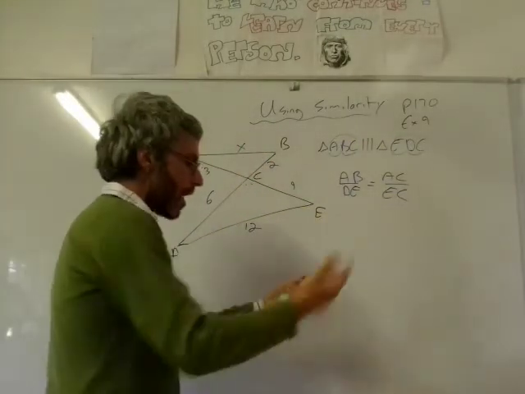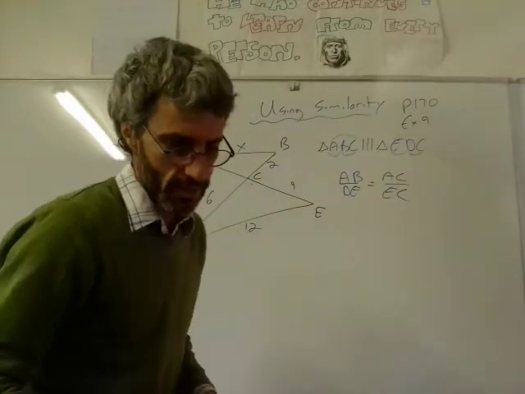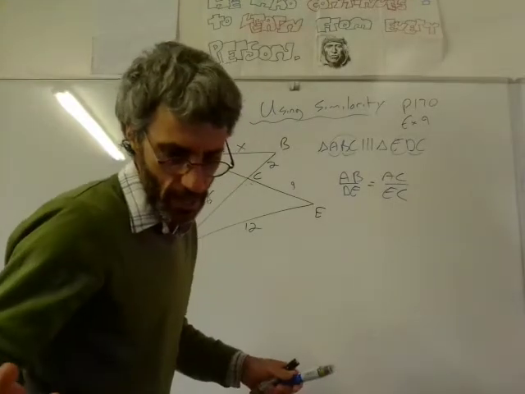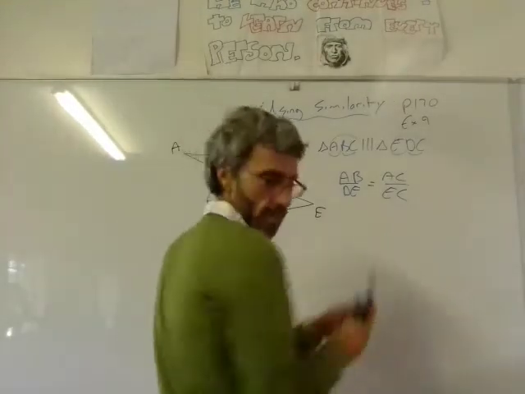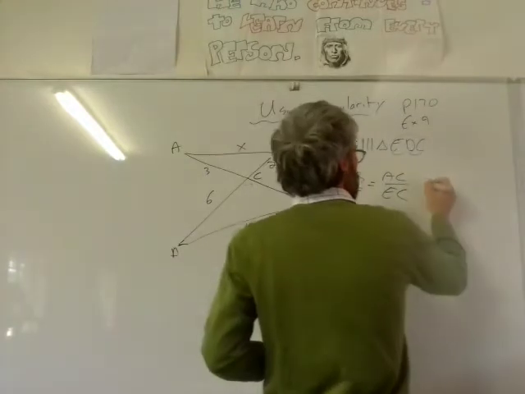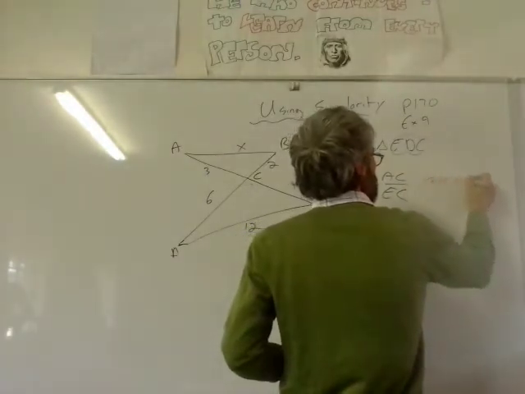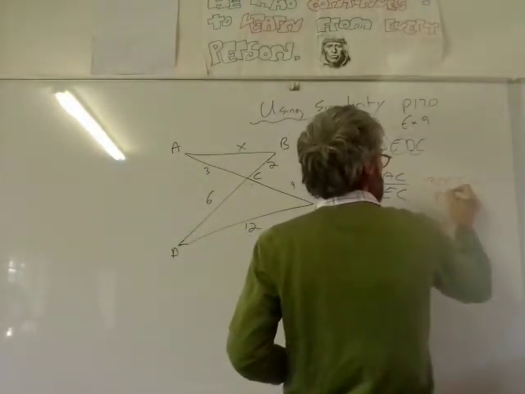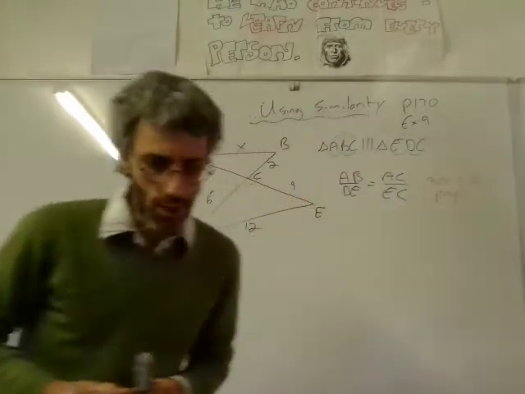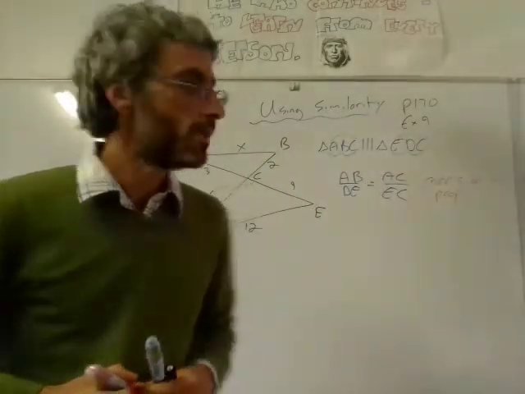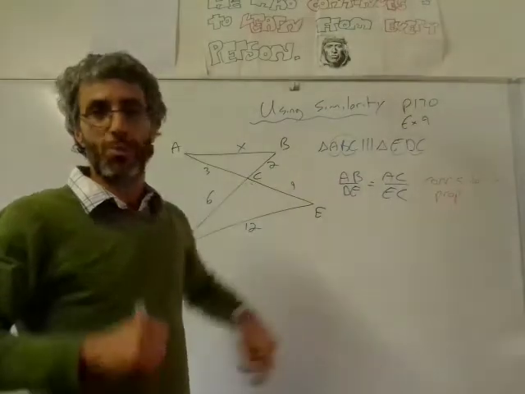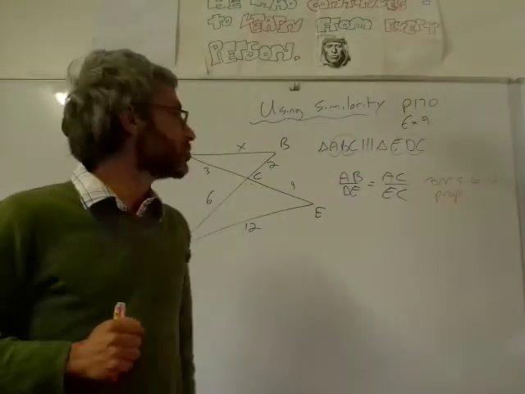Now I need to write down the reasoning. The reason I'll write in red is corresponding sides in proportion. Because the triangles are similar and they're corresponding, therefore they have to be proportional to each other.